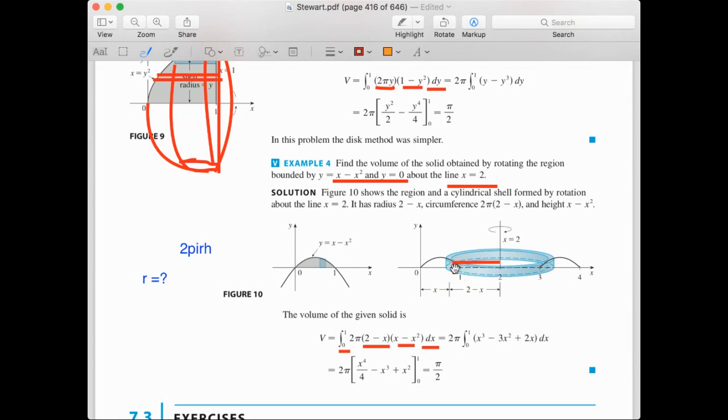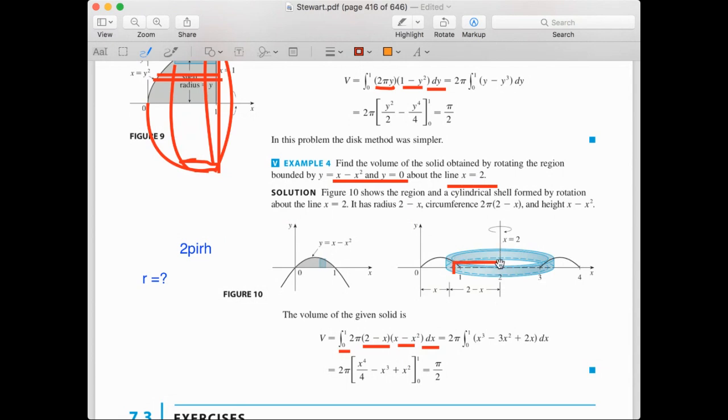You see I draw here the red color for this piece. For this piece you see this is 2. It's from this point up to 2, because we're rotating along x equals 2.